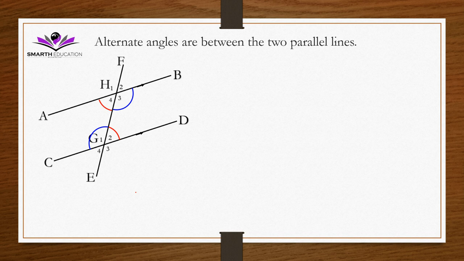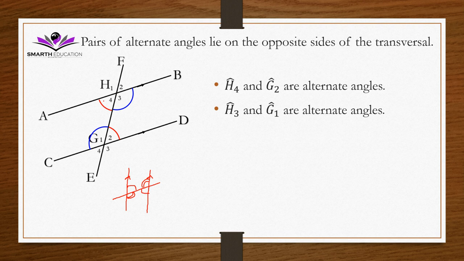Okay, right. When we talked about the corresponding angles, we said they form the letter F. Alternate angles form the letter Z. See that? Or you can have another one, let me just go back a bit and use the other diagram. So you see that this one forms, okay, like this.